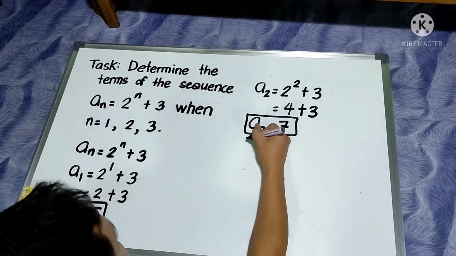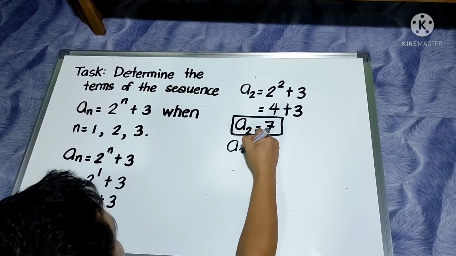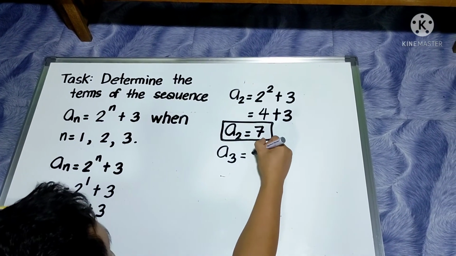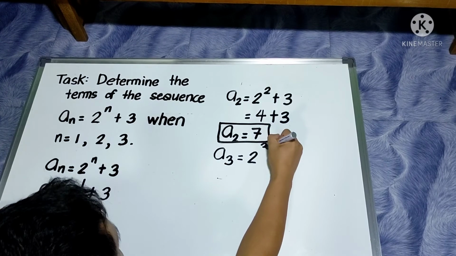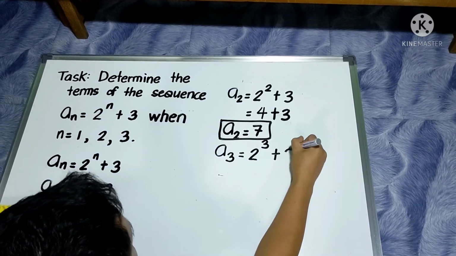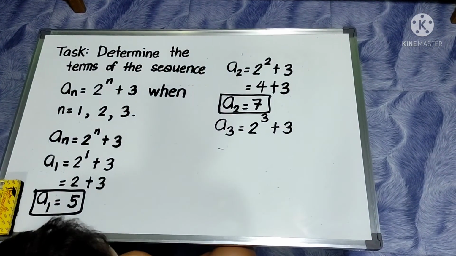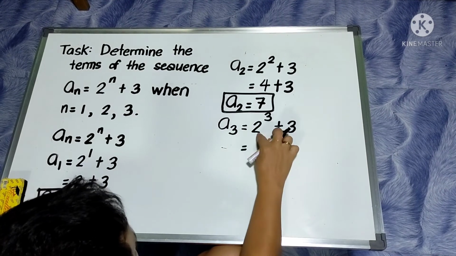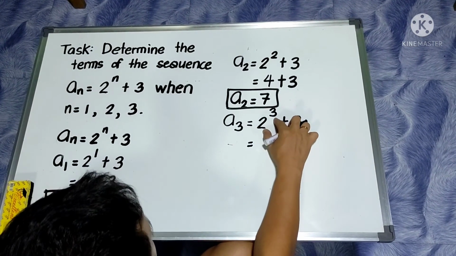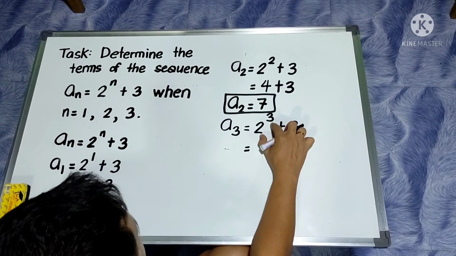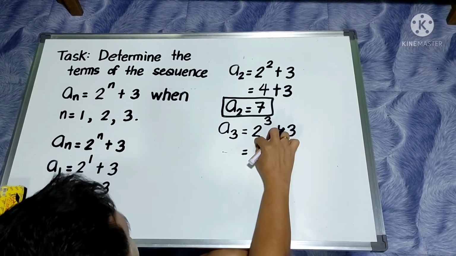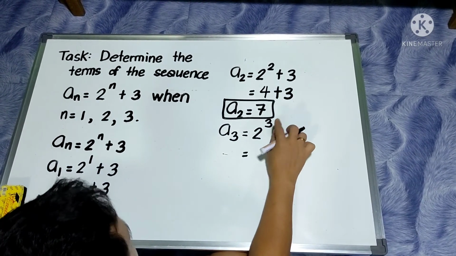Proceed to a sub 3, which is equal to 2 to the exponent of 3 plus 3. What is the value of 2 to the exponent of 3? What does it imply? It means that 2 will be multiplied by itself 3 times.